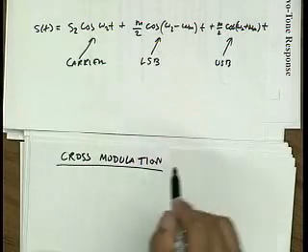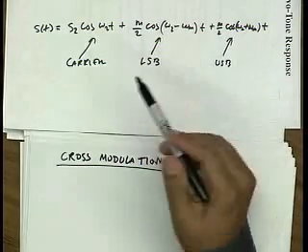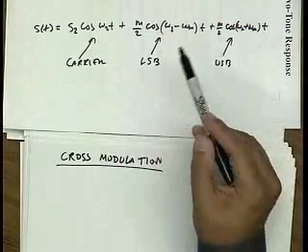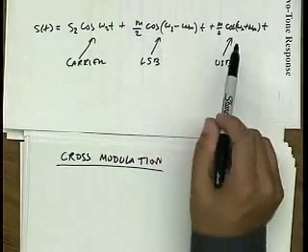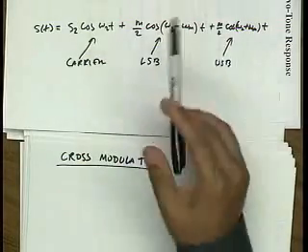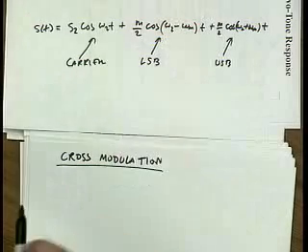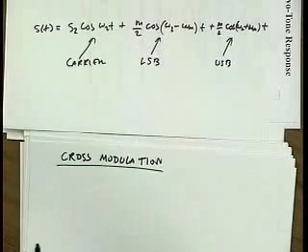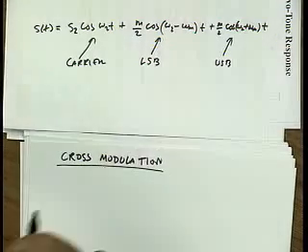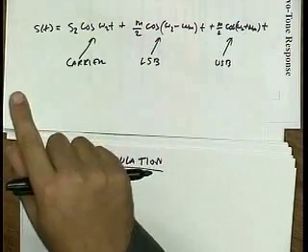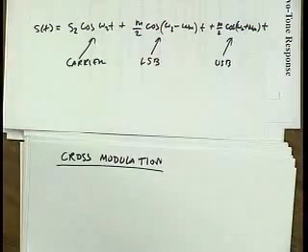The idea of cross modulation, of course this was observed experimentally, is that you have two channels. They're both amplitude modulated. You go through a nonlinearity, and then all of a sudden one channel contains a copy of the modulation from the other channel.